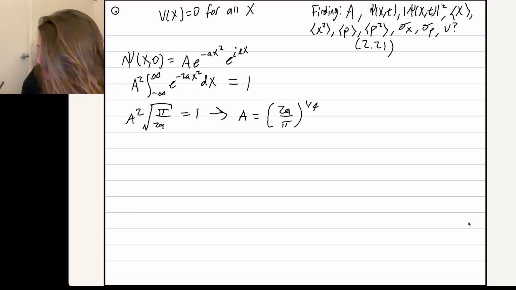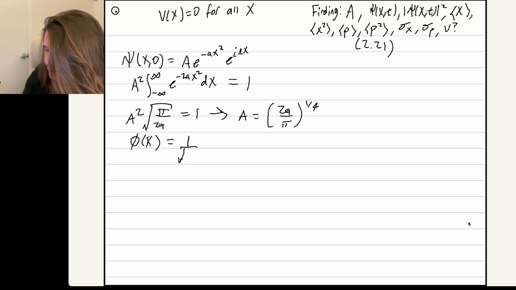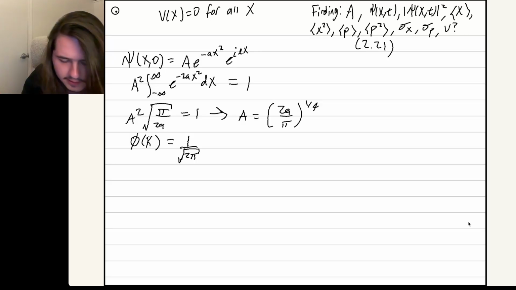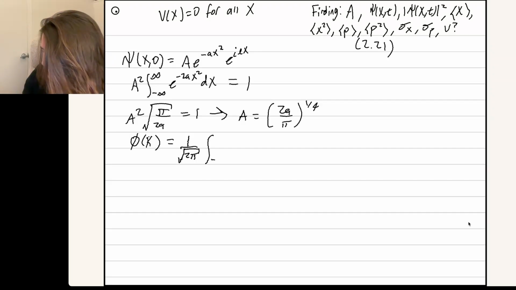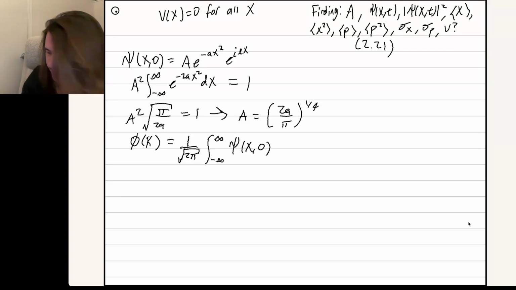So to get the time-dependent version of the wave function, you first have to do the Fourier transform of the initial state. So it's going to be 1 over root 2 pi times the integral from minus infinity to infinity of the initial wave function times e to the minus i k x dx, right?